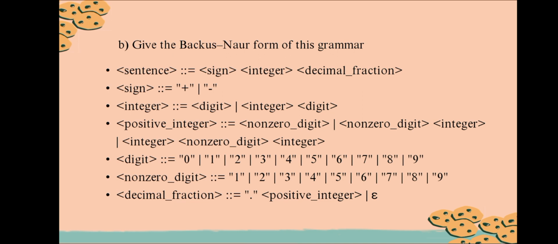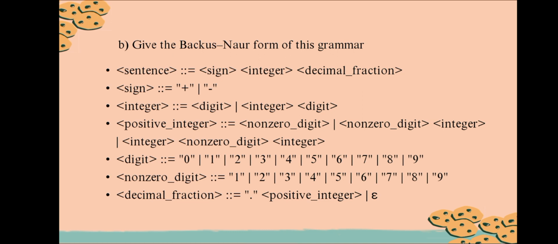The sign symbol is a non-terminal symbol that represents the optional sign, either plus or minus. The pipe symbol indicates a choice between these two options. The third one is integer, a non-terminal symbol that represents the integer part of the number.